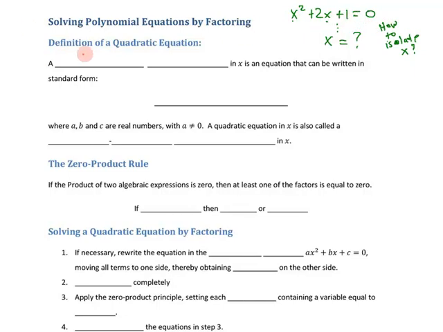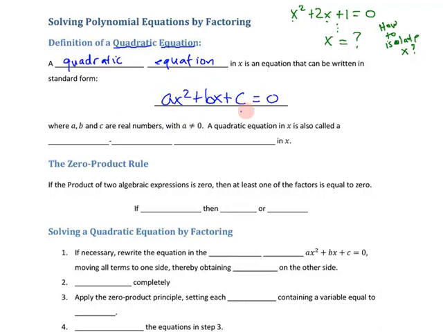By the way, let me introduce a term that we're going to probably express several times in this section. If I refer to something as a quadratic equation, we're going to use this definition. A quadratic equation in x is an equation that can be written as ax squared plus bx plus c equals 0, where a, b, and c are some real numbers in the problem, and a is non-zero, so you actually have an x squared term in there.